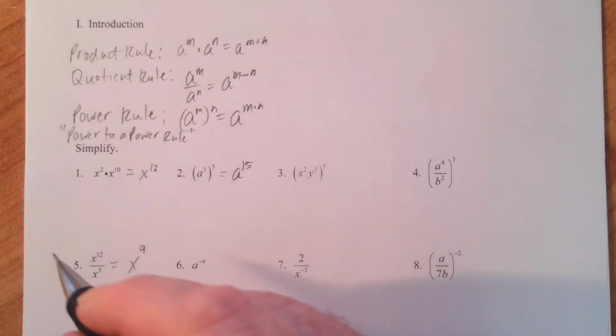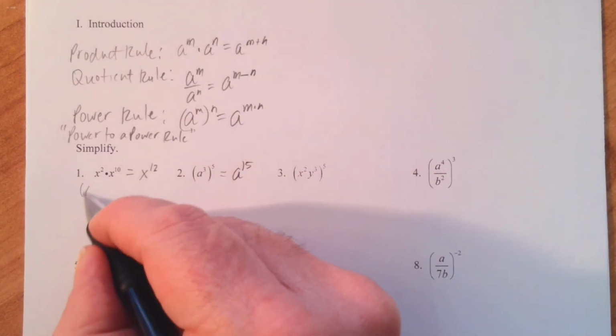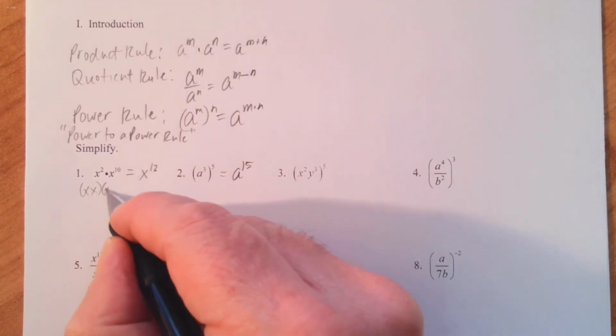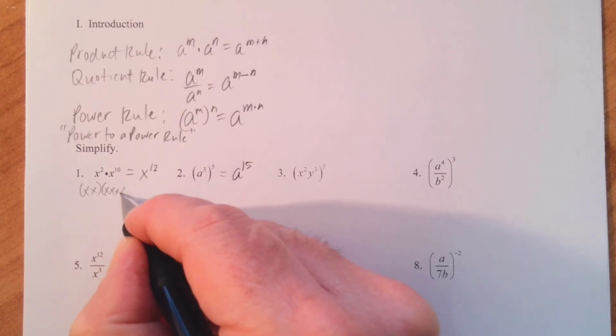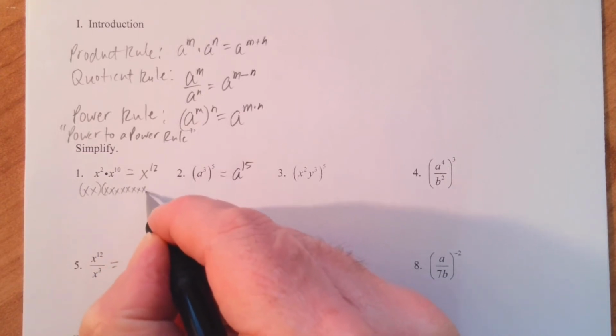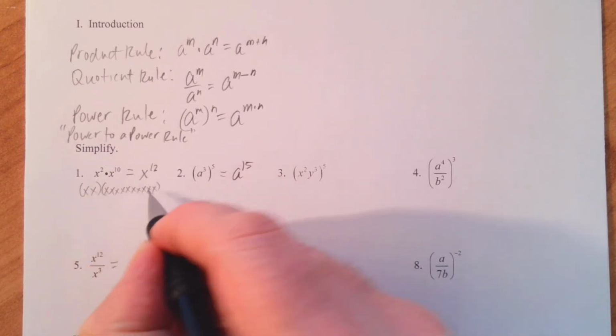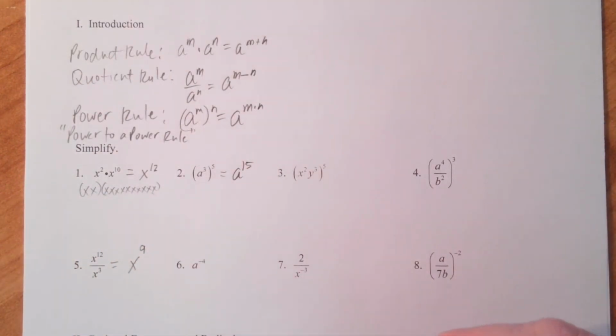Now, let's see if we can make some sense out of this. If you have 2 x's multiplied times a total of 10, don't you have a total of 12 x's multiplied? So you just end up adding the 2 and the 10 as a shortcut.